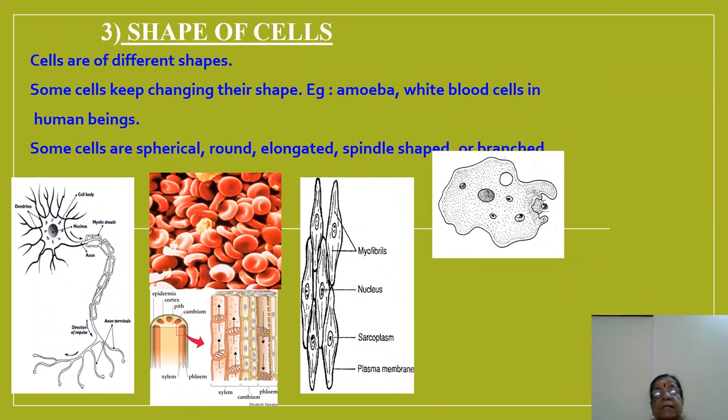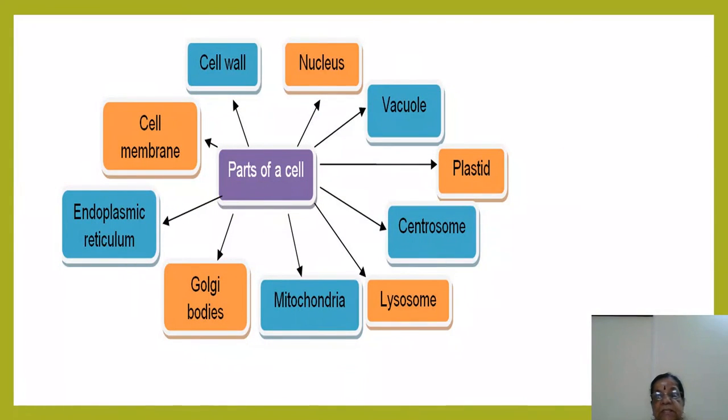So in that, the WBC and amoeba, they show movement. They keep changing their size and shape. We say it is amoeboid movement. But the difference is, WBC is a single cell, whereas amoeba is a whole organism. So this is the different size and shape.